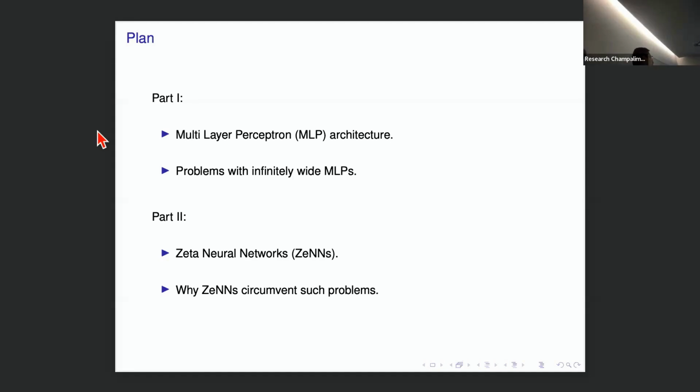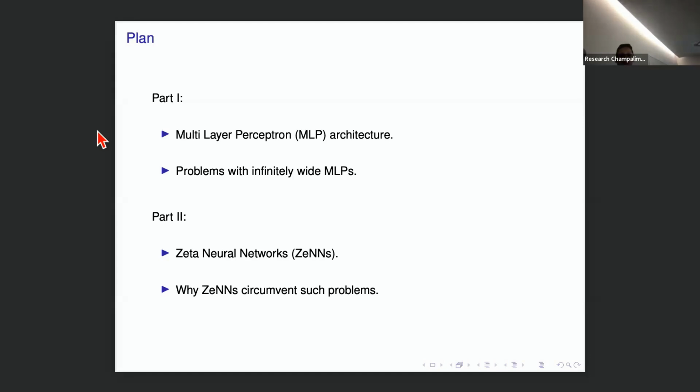So I'm going to tell you about the multi-layer perceptron architecture and problems that arise when you make infinitely wide multi-layer perceptrons. Then in the second part, I will show how this proposal of Zeta Neural Networks, ZeNNs for short, can circumvent these problems.